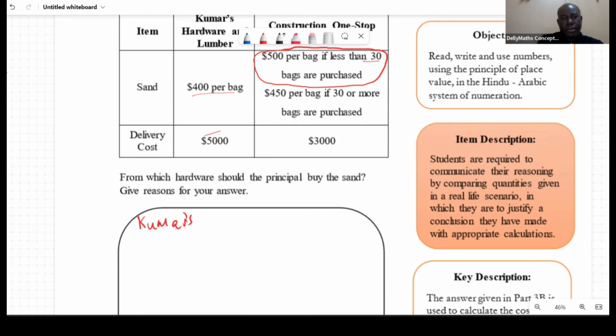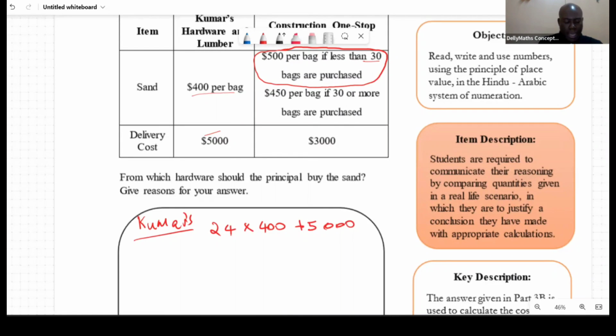At Kumar's right now, it's going to be my 24 bags times 400 because it's 400 per bag. And then I'm going to add his delivery, which is $5,000. This would have been to get everything there.